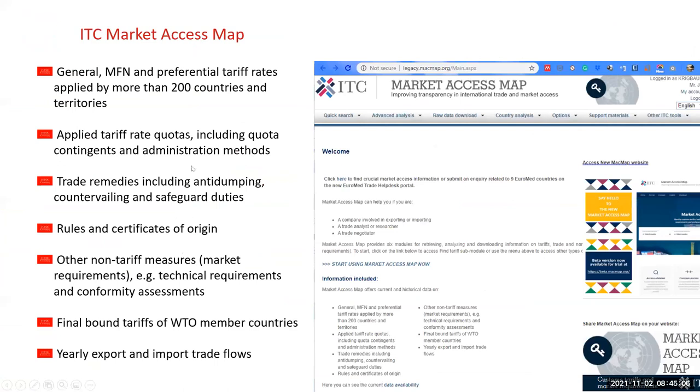Within the Trade Access Map, again, there are general, most favored nation, and preferential tariff rates. As an exporter, you don't have to worry about what the customer is paying on taxes and import prices, other than making sure that your price is competitive. For example, we were looking today at moving textiles from Egypt to Brazil. There's a 35% duty from Egypt to Brazil, or I'm sorry, Morocco to Brazil.